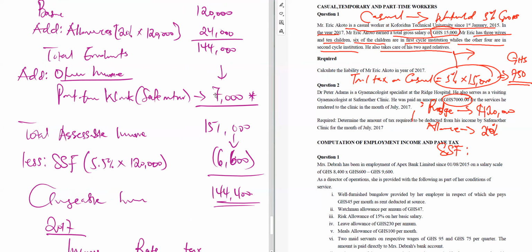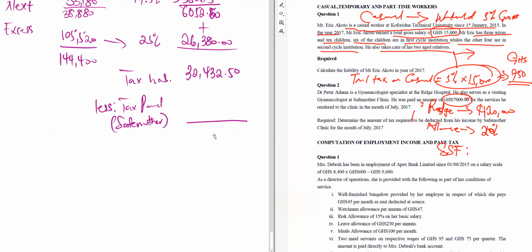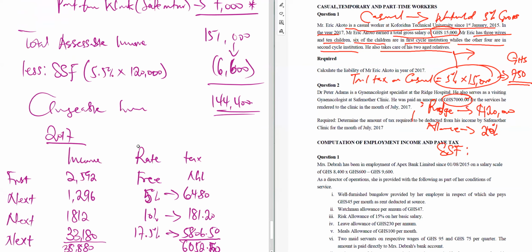So now that we added the whole 7,000 to his income, we must now take credit of it. So we deduct the tax of 700 from his tax liability. And what do we get for his net tax liability now? 31,732.5. Please, are we okay with part-time employment?